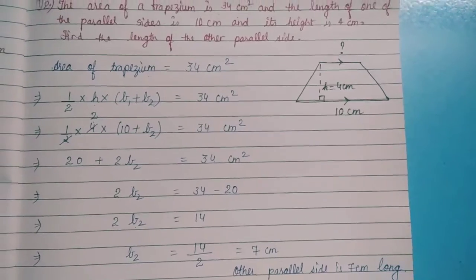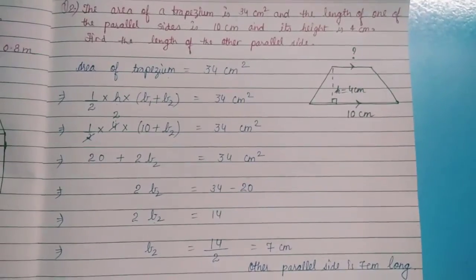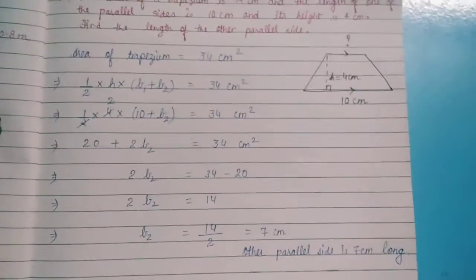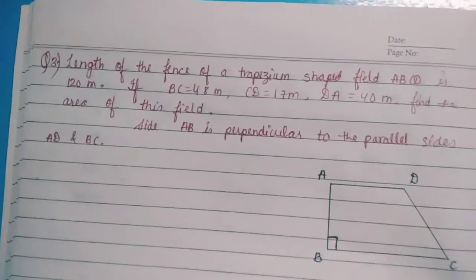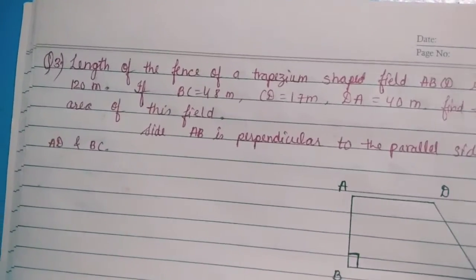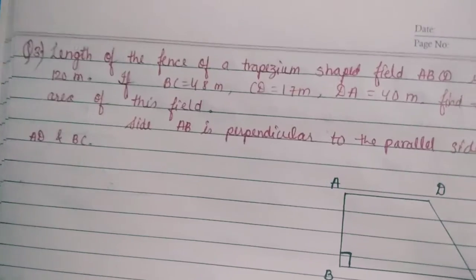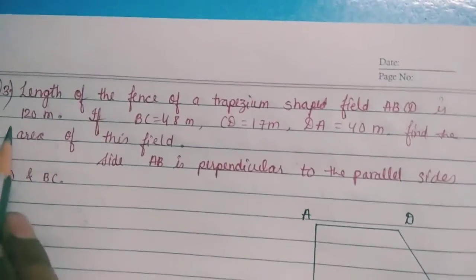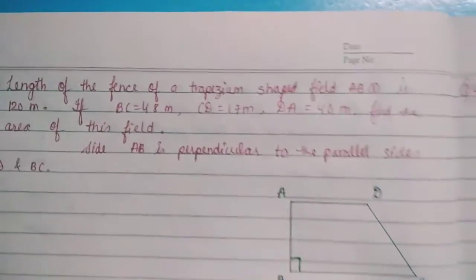Here we solved the second question of exercise 11.2. Question number 3 is: the length of the fence of a trapezium shaped field ABCD is 120 meter.